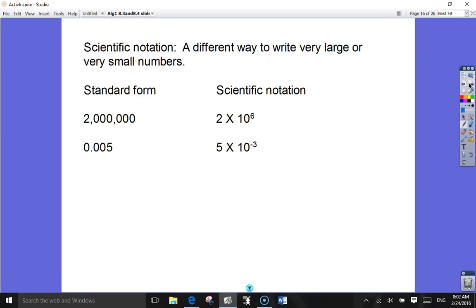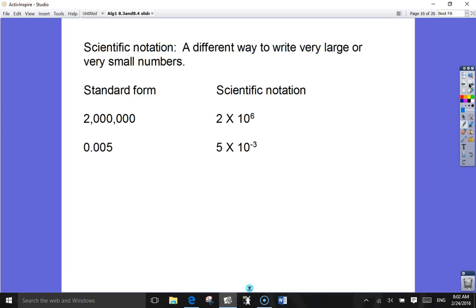So how does the 2 million turn into a 2? Drew? Okay, the decimal point was here. So we moved the decimal place over how many places? 1, 2, 3, 4, 5, 6. When you move the decimal place over to the left, the number is getting smaller, right?